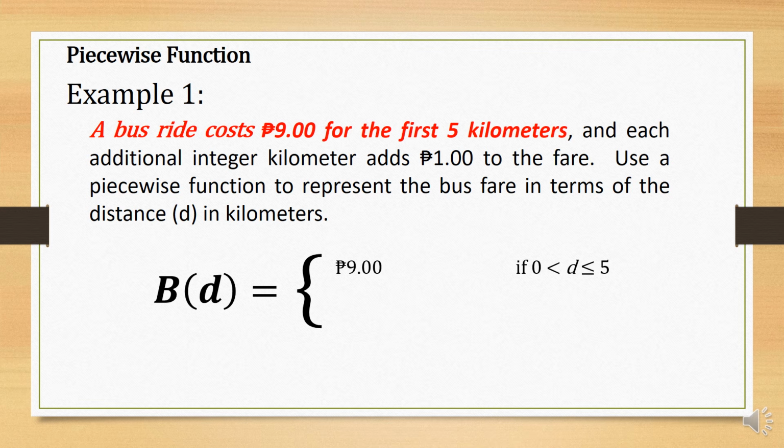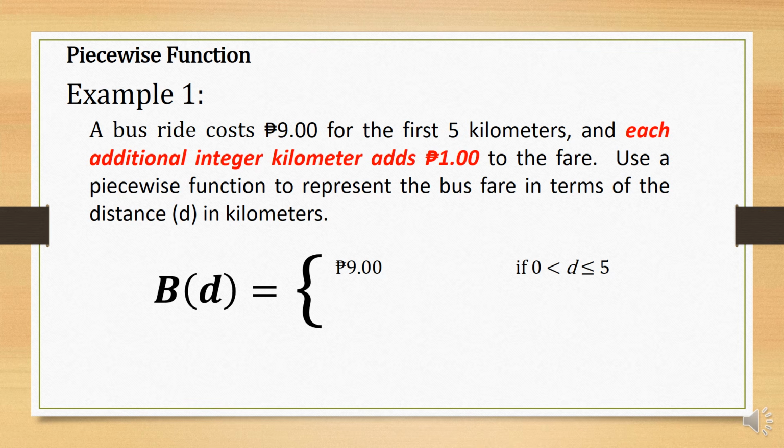The second subfunction of the given piecewise function is that each additional integer kilometer adds 1 peso. So to write this into a mathematical expression, we have 9 pesos plus 1 peso times the distance you have traveled minus 5.